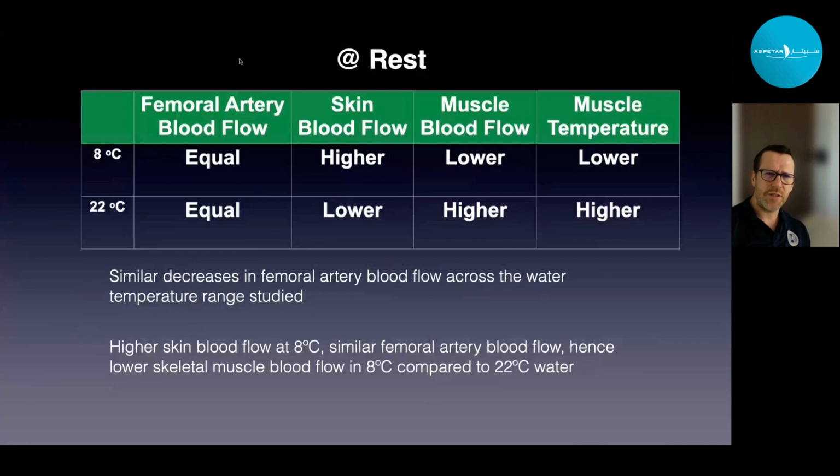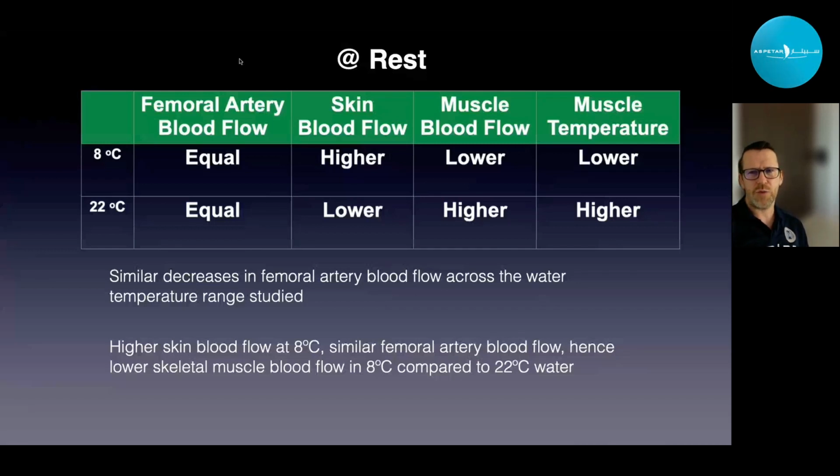At rest, if we have a similar femoral artery flow but higher skin blood flow, what this could mean is that the flow to the muscle is lower in really cold water because the blood flow is being rediverted to the skin.